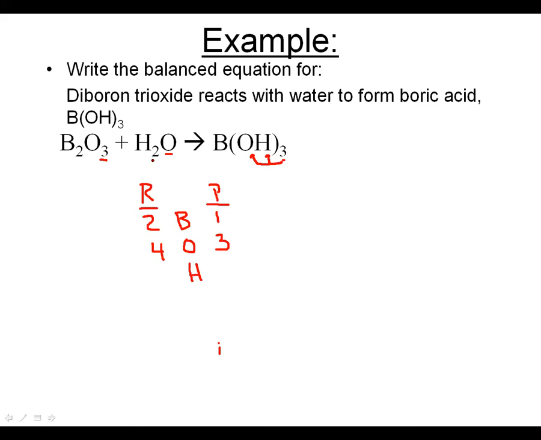For our hydrogen, we have 2 on the left. And for our hydrogen, again, with that 3 being distributed, will also give us 3 on the right-hand side. So not a lot to work with here on the right-hand side. So it is easy to fix the boron by putting a 2 in front of it. When we put a 2 in front, that does give us 2 borons.